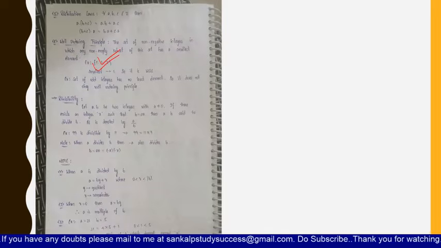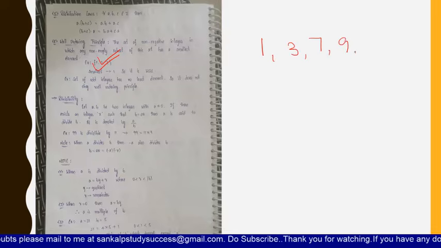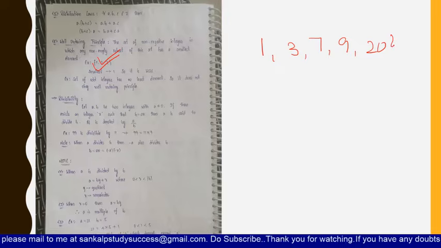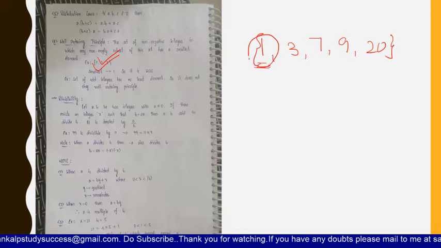What is well ordering principle here? Let us take one set of integers. 7, 9, 20. You can consider the numbers randomly a set of integers. In this set of integers, this is the smallest element, correct? What is the smallest element? In any set of integers, if you have a smallest element, then that set is said to be well ordering set.